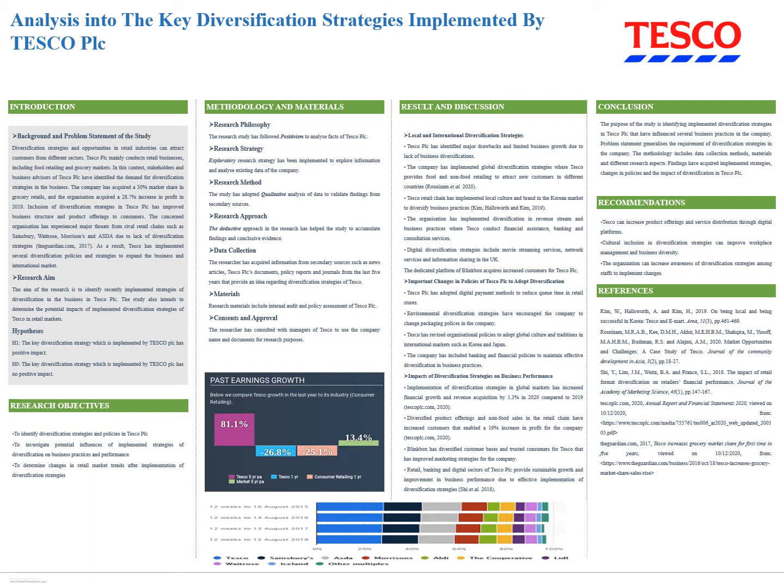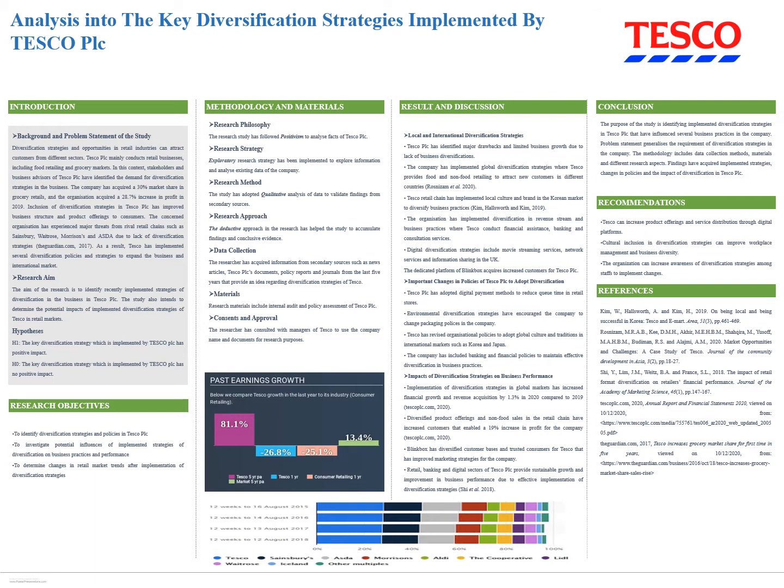Research material includes internal audit and policy assessment of Tesco Plc. Consents and approval: the researcher has consulted with managers of Tesco to use the company name and documents for research purposes. Now I describe a chart of my topic.